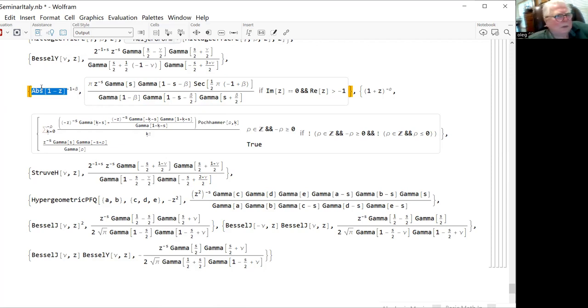Maybe thousands and thousands of articles have been published on these connections. A lot of publications.